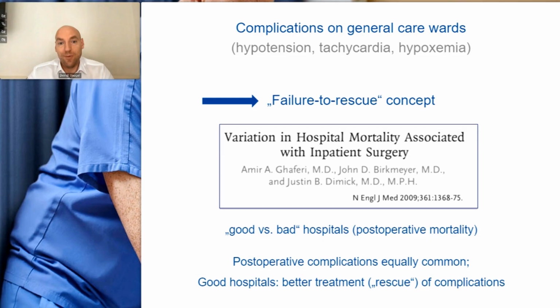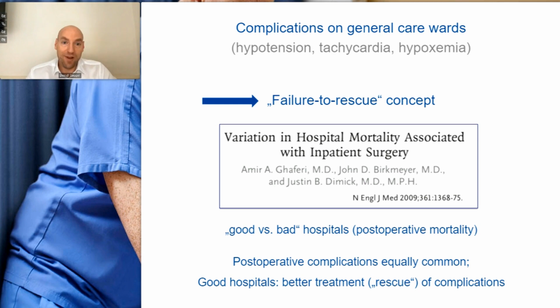And I think that we need to completely revise this concept, and we need to focus much more not on how we rescue the patient when there's already a code blue alarm or already a cardiac arrest, for example, but on how good we are at early identifying and detecting complications by alterations in vital signs.